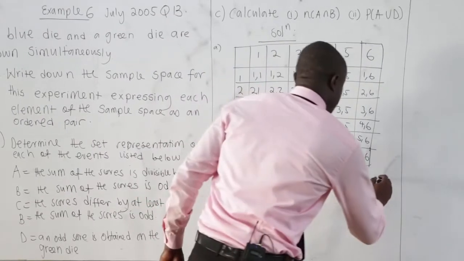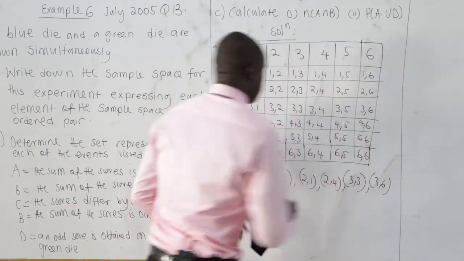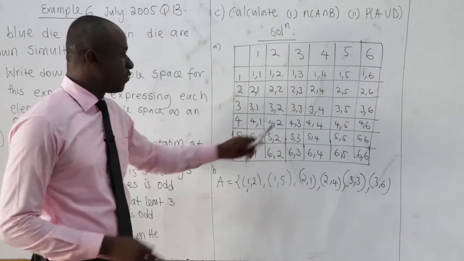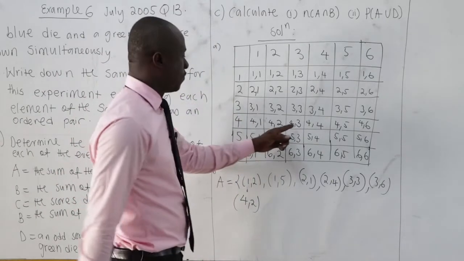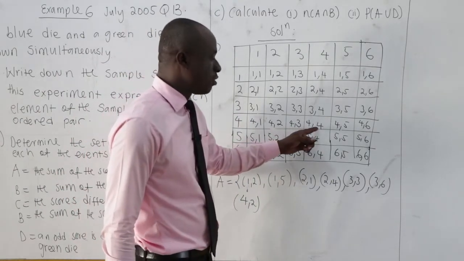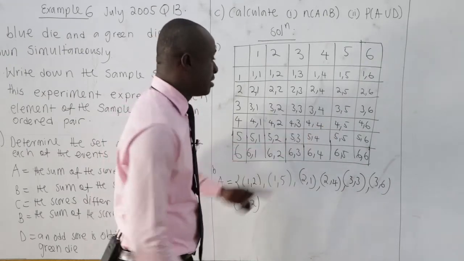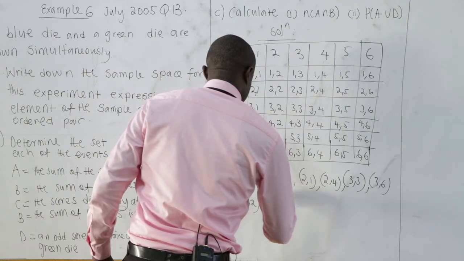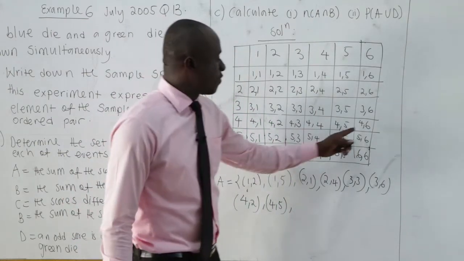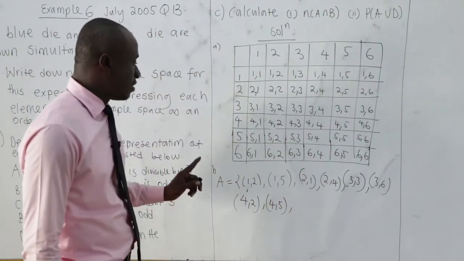Now 3,6 is part. 4,1: no. 4,2 is part. 4,3: no. 4,4: no. 4 plus 5 is 9, that one is divisible by 3. 4 plus 6 is 10, not divisible.